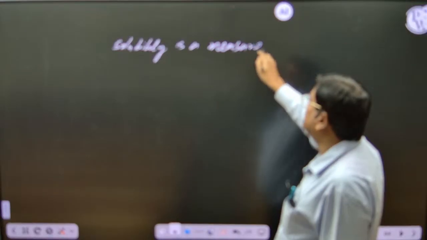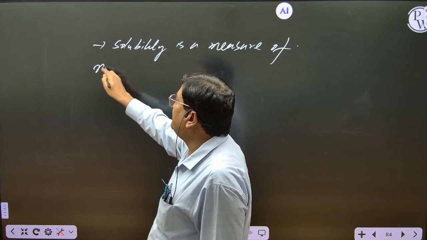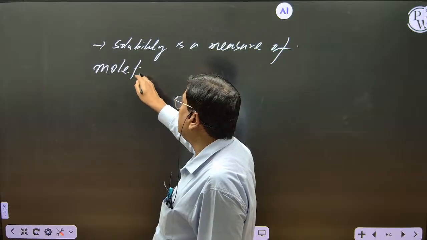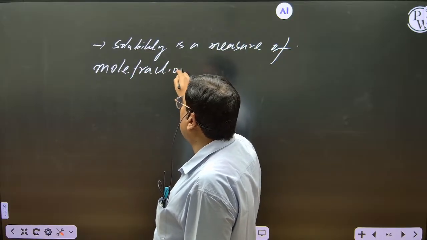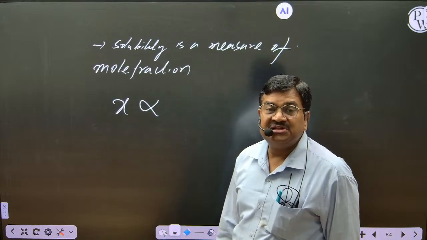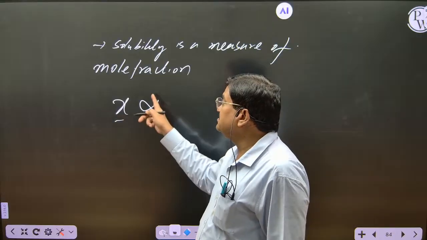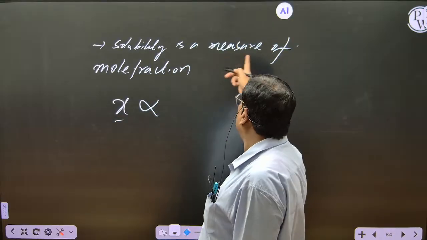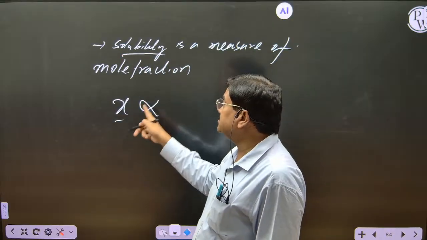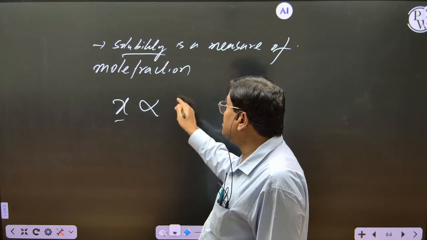Mole fraction. That is chi. You remember the mole fraction is shown with the symbol what? Chi. And what he said, the mole fraction in terms of solubility is directly proportional to partial pressure, he says. Understood, students? The solubility which is taken in terms of mole fraction, which we are representing with chi, is directly proportional to what?